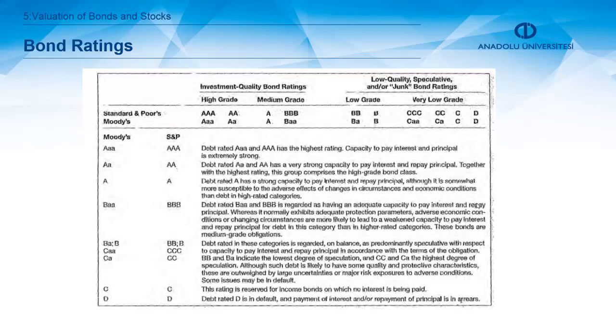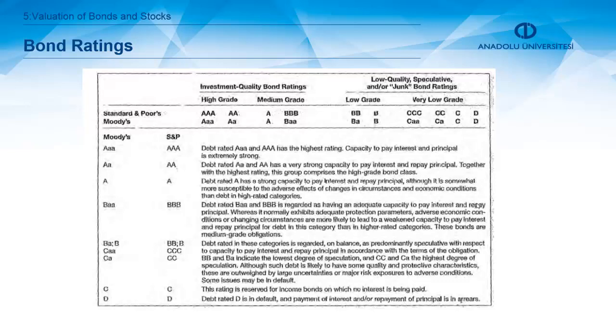Capacity to pay interest and principal is extremely strong. Risk is so low, default risk is so low, and the capacity to pay is strong. So these ratings show us capacity of payment of interest and principal.